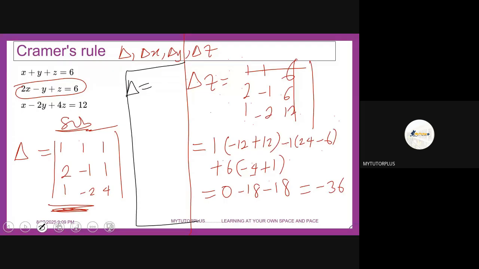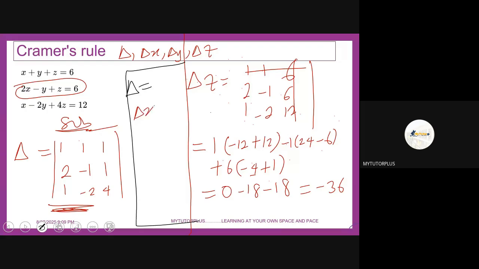Okay, Captain, what is the value of delta from your own solving? Because I can't go back to solving it again. For delta X, we have minus 24.